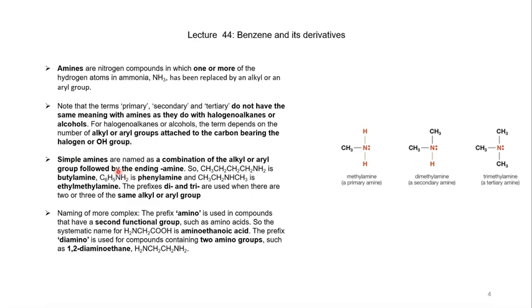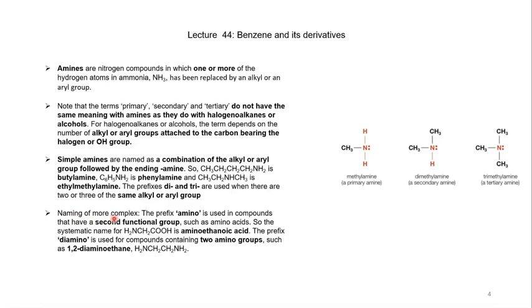There is this benzene here, and then an amine group, and we call it phenylamine. Similarly, this one is ethylmethylamine, and we can use the prefixes di, tri, etc. when we are talking about the same alkyl group or aryl group.